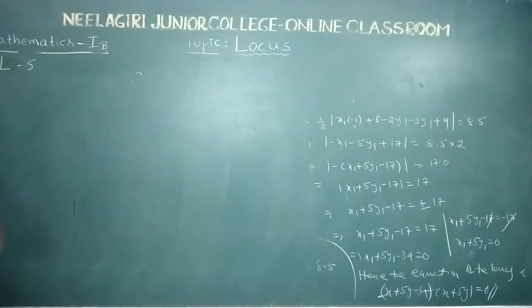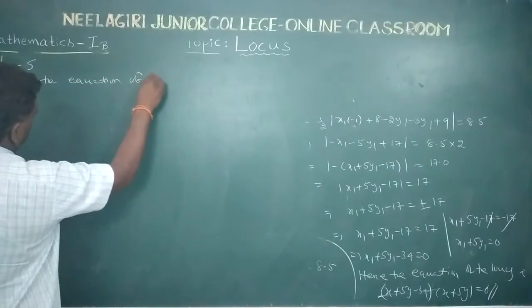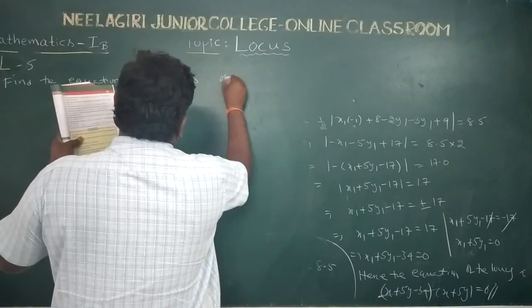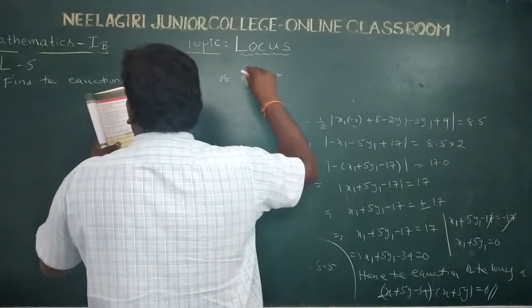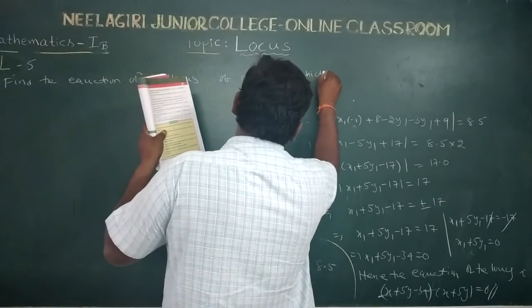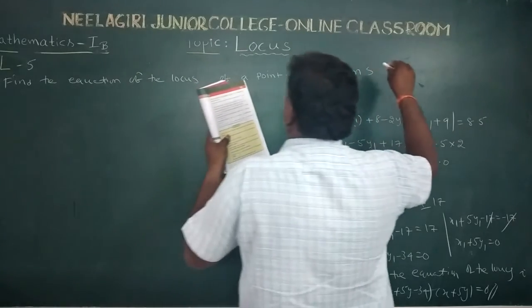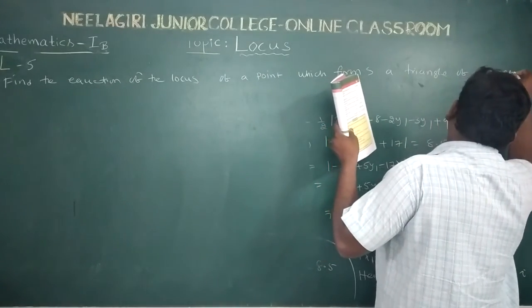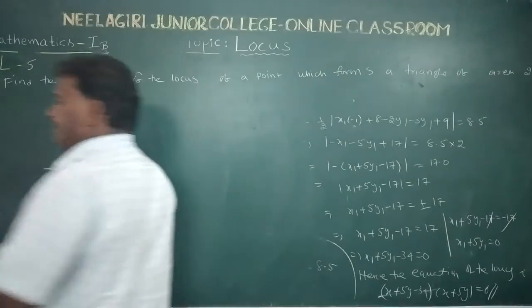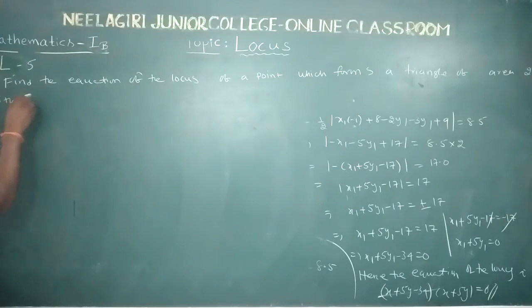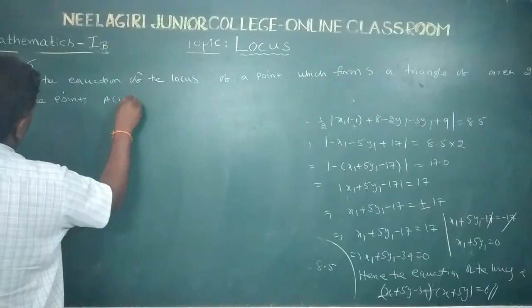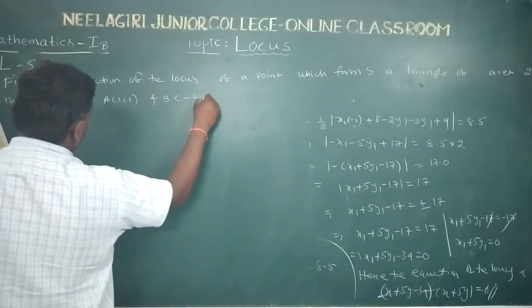Find the equation of the locus of a point which forms a triangle of area 2 with the points A(1, 1) and B(minus 2, 3).